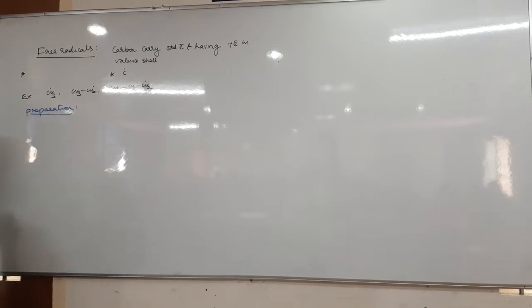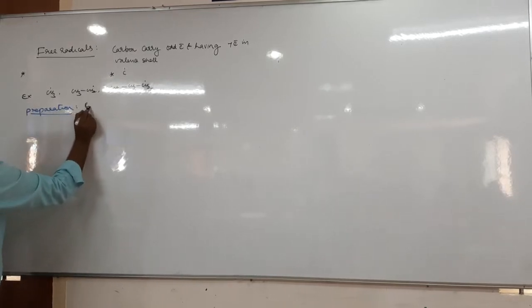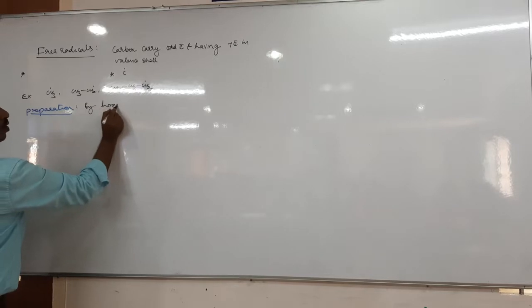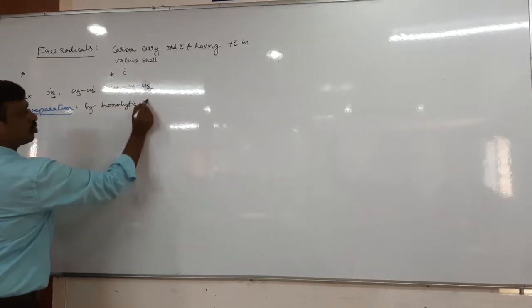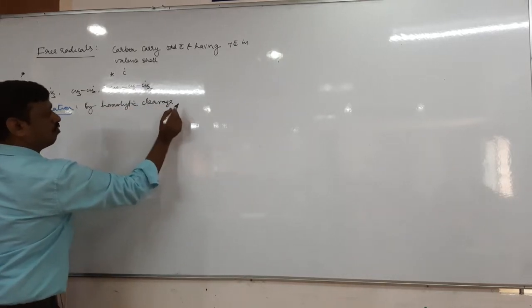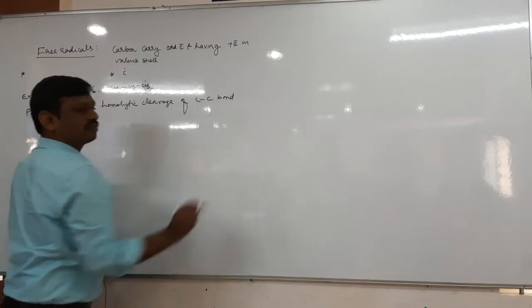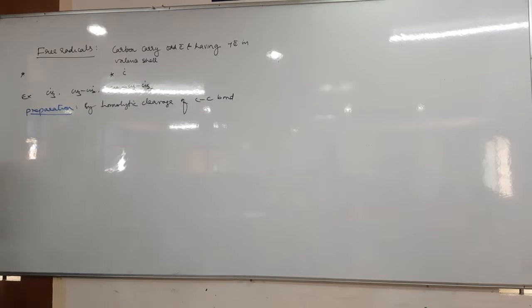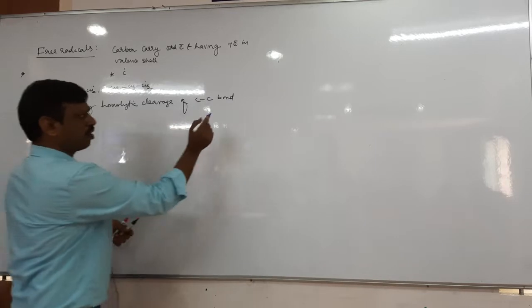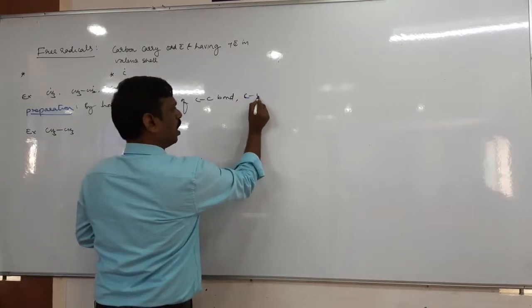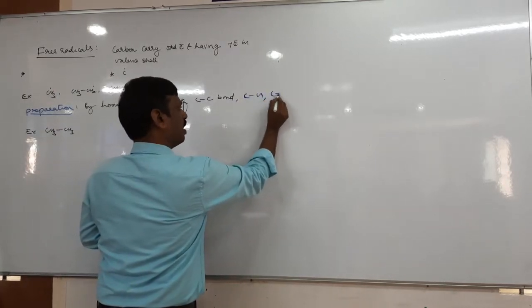So they are prepared by homolytic cleavage of the carbon-carbon bond. For example, let us take ethane. It may be a carbon-carbon bond or even a carbon-hydrogen bond, a carbon-halogen bond also possible.